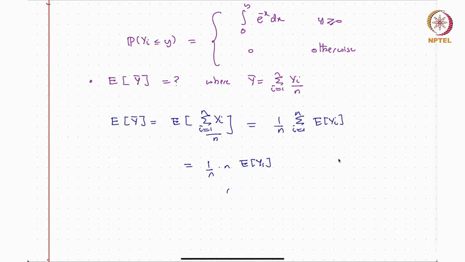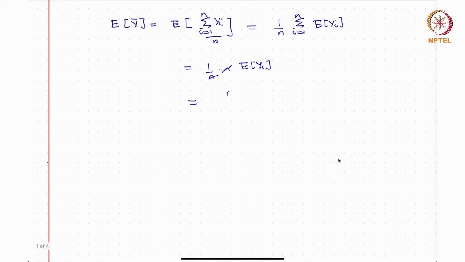So what do I get? I get E of y1. What is E of y1 going to be? E of y1 is just the integral from 0 to infinity of x times e to the minus x dx. And what's that going to be? You do integration by parts.